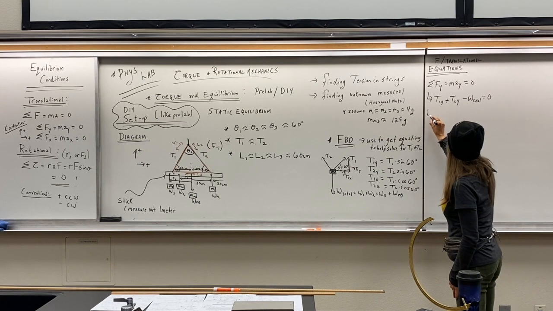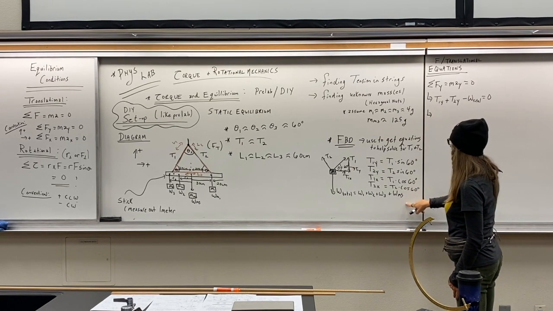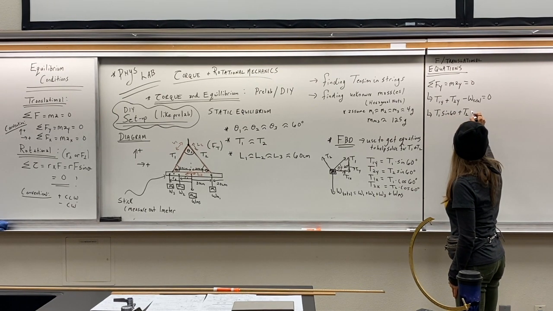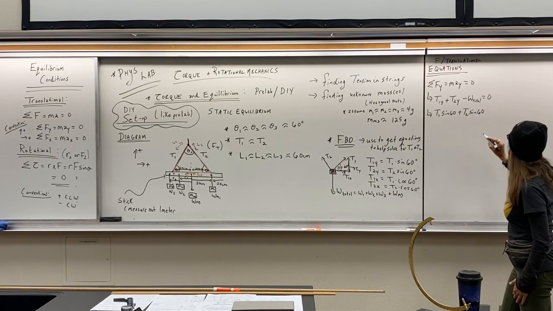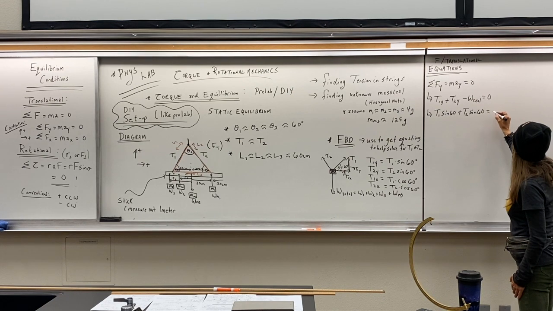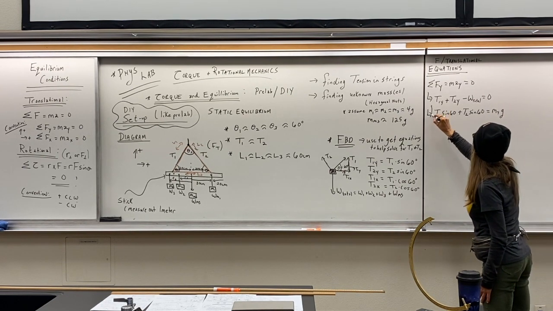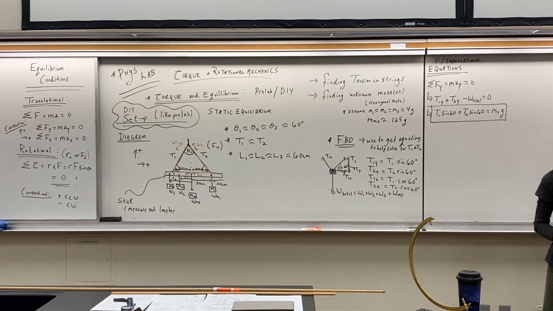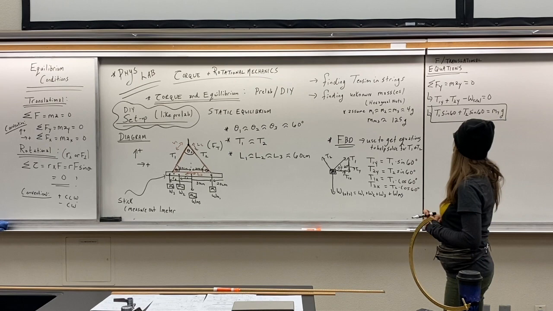So what I have is essentially T1 sine 60 plus T2 sine 60 degrees equals M total times G. So here's one equation I can use in helping me find unknown tension.